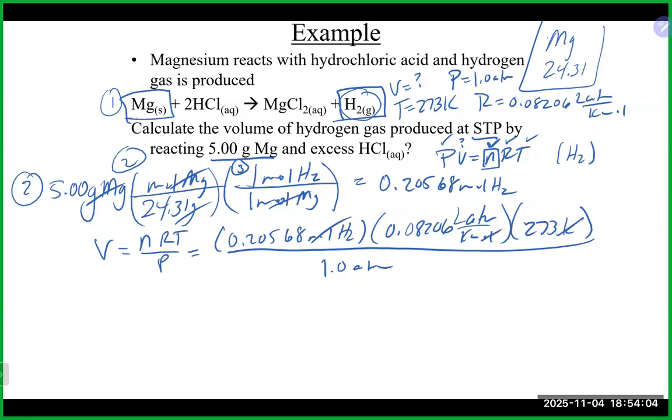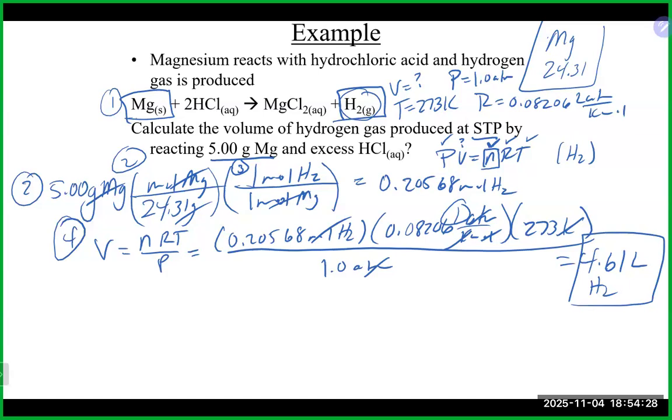Moles cancel, Kelvin cancel, atmospheres cancel, leaves us liters here, and that will get us 0.20568 times 0.08206 times 273. Looks like about 4.61 liters of H2 in this particular case. So again, that would be kind of like step number 4.